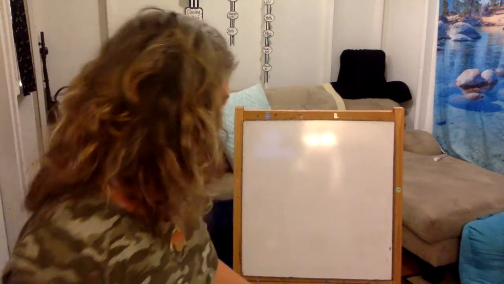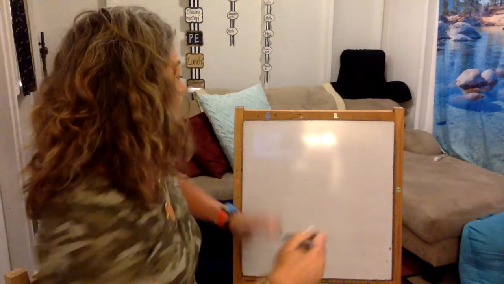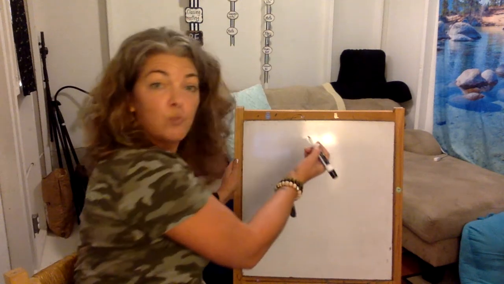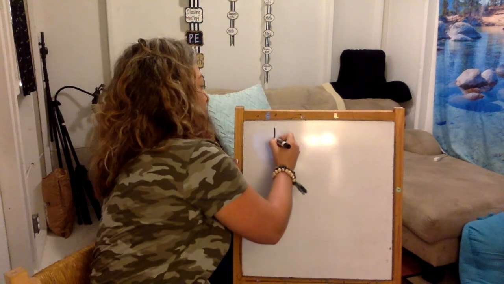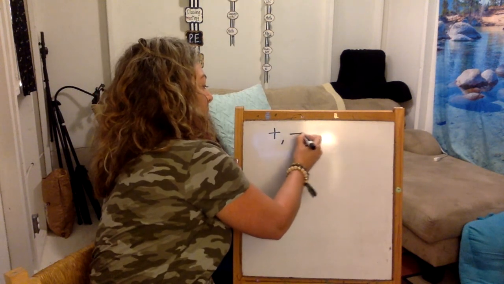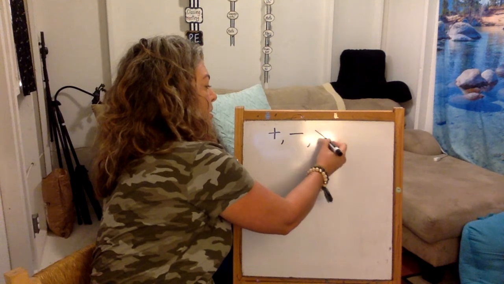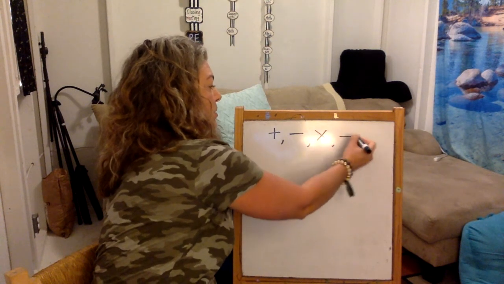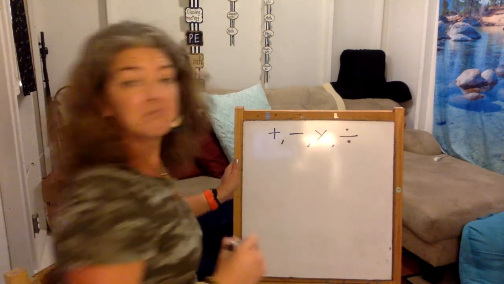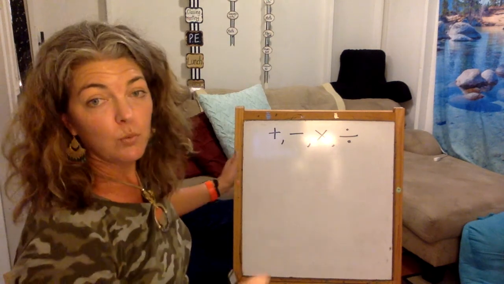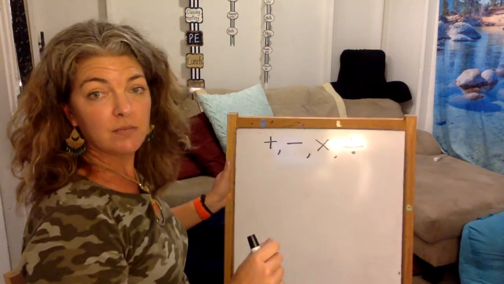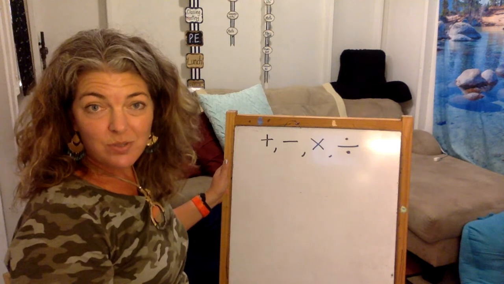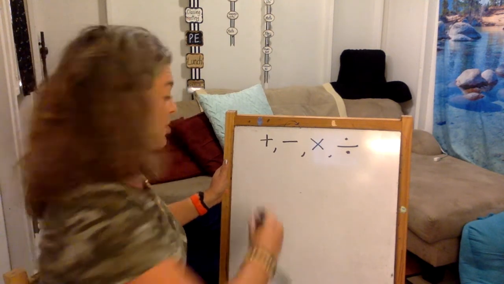Because we're doing math, there are a couple of plans that we can use. We can use one of our math symbols. We can add, we can subtract, we can multiply, or we can divide. I could answer my problem using one of those strategies. I also could use something called guess and check.